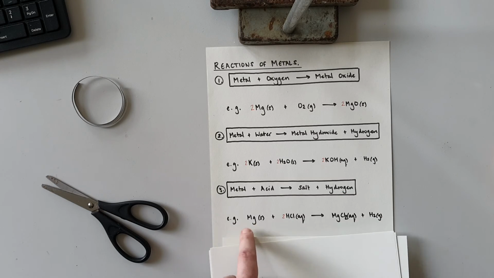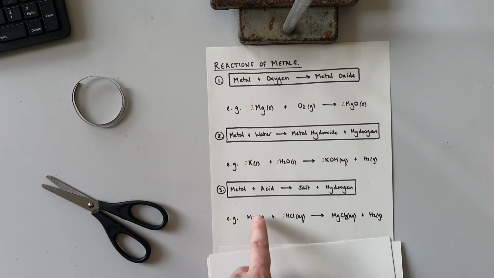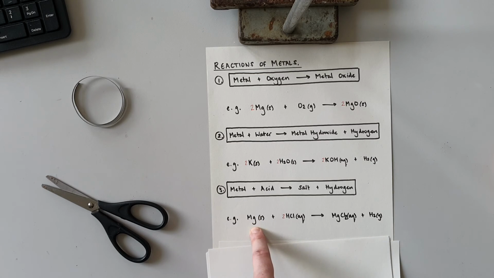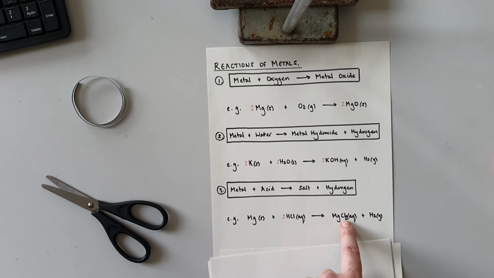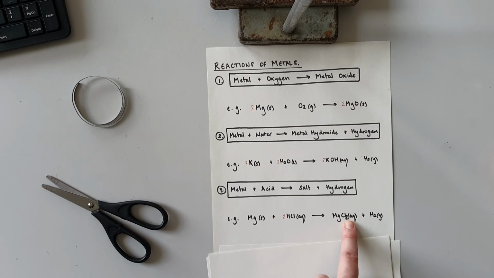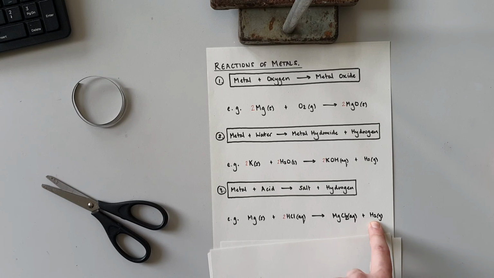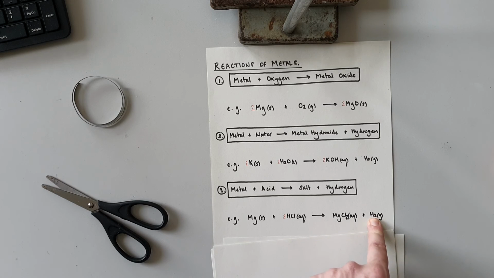So, for example, if I go back to magnesium solid, magnesium will also react with acid as well as oxygen. We'll find that we produce magnesium chloride as our salt, and notice that I've balanced that equation to factor in the 2 chloride ions here, and I'll also get that hydrogen gas that I mentioned.